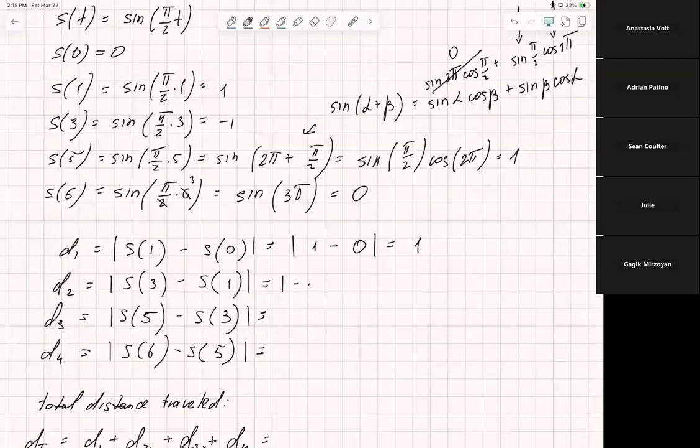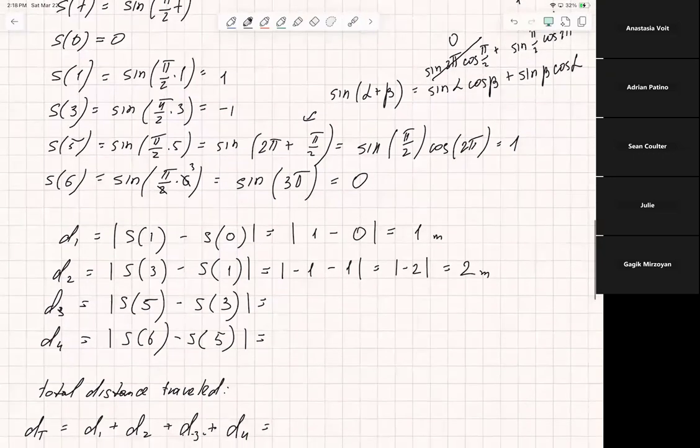So we plug in -1 minus s of 1 was 1. So that's going to be -2, but in absolute value, we have just 2. And this is all in meters, I believe. Or was it feet? What was that given in? Give me a second. Oh, that was in feet.